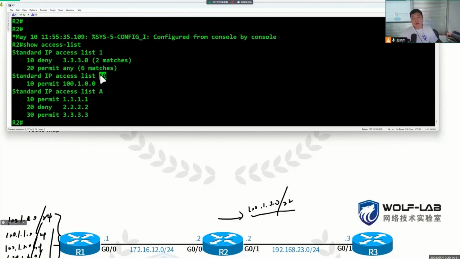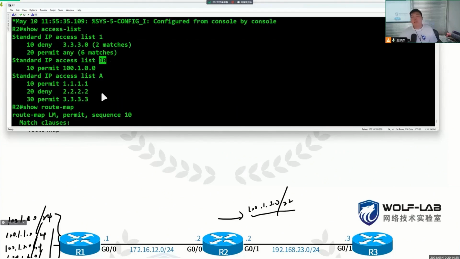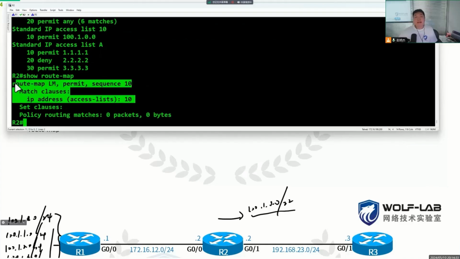Then we use our route map LM, its statement number 10, also a statement number 10. The access control list matches routing, and our route map matches the access control list. Now our route map has matched: our access control list 10 captured the 100.1.0.0 routing entry.